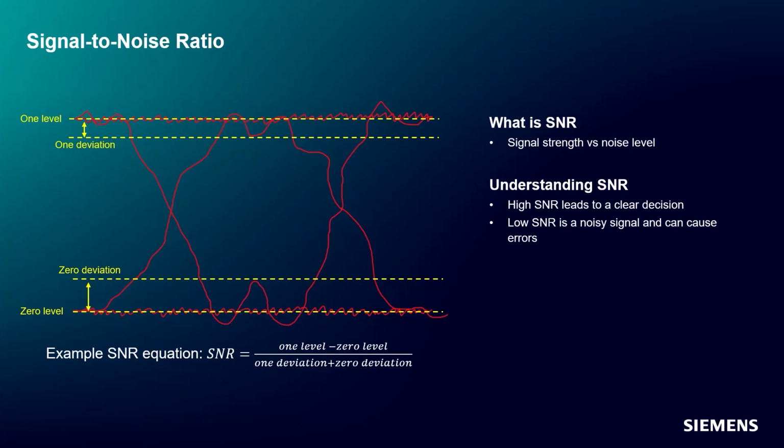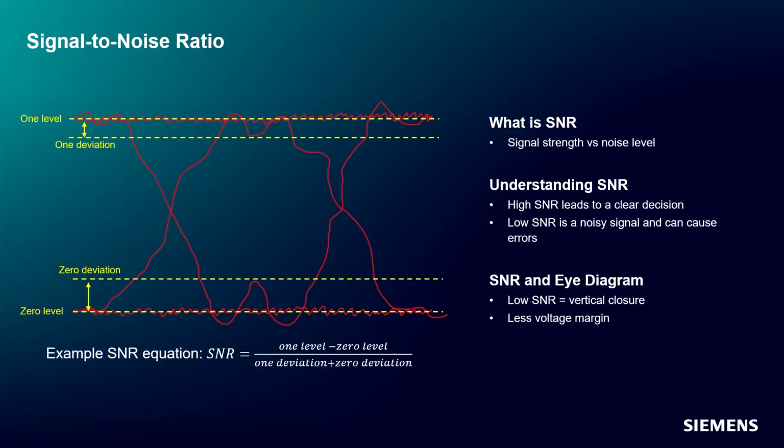As SNR decreases, it becomes more difficult for the receiver to distinguish between logical levels, which directly increases the bit error rate. In practice, SNR directly impacts the vertical opening of the eye diagram. If noise increases, the eye becomes more vertically closed, reducing voltage margin and increasing the probability of error.